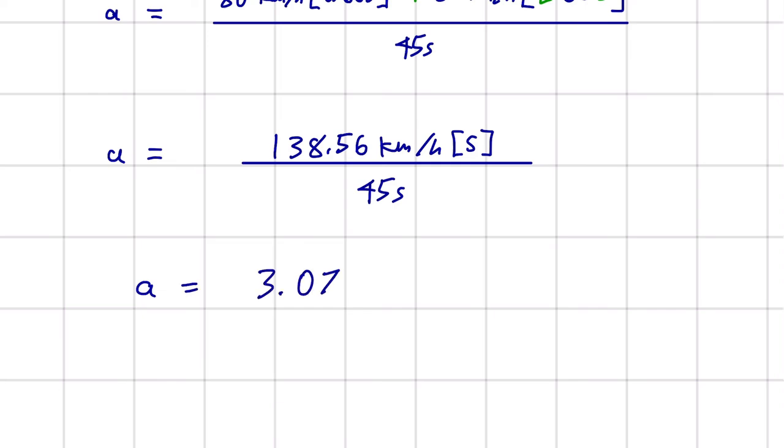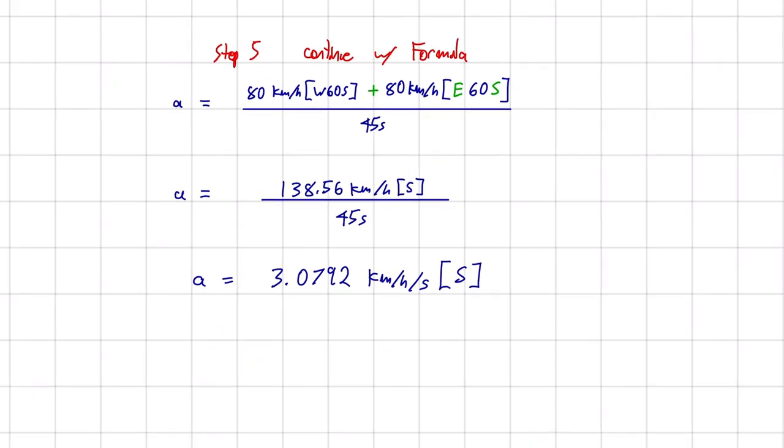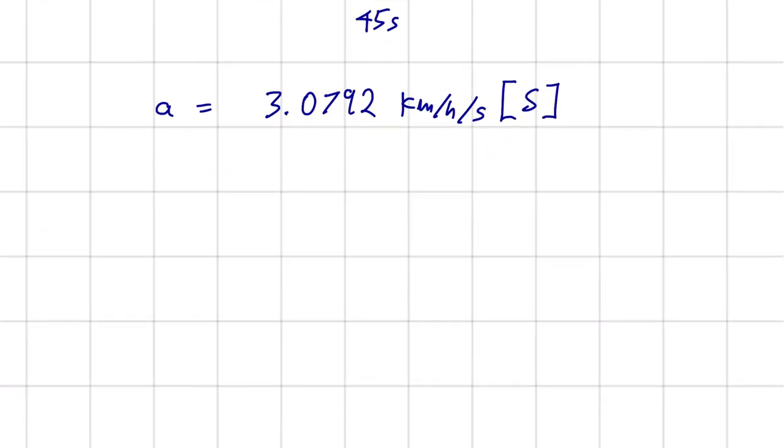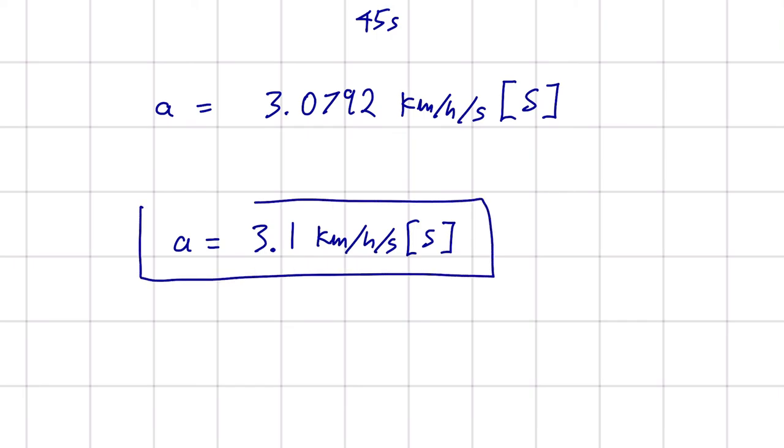We get a value of 3.092 kilometers per hour per second. And the direction on that is south. So when we're writing our final answer here, we're going to write that A is equal to 3.1 kilometers per hour per second south. That is our final answer.